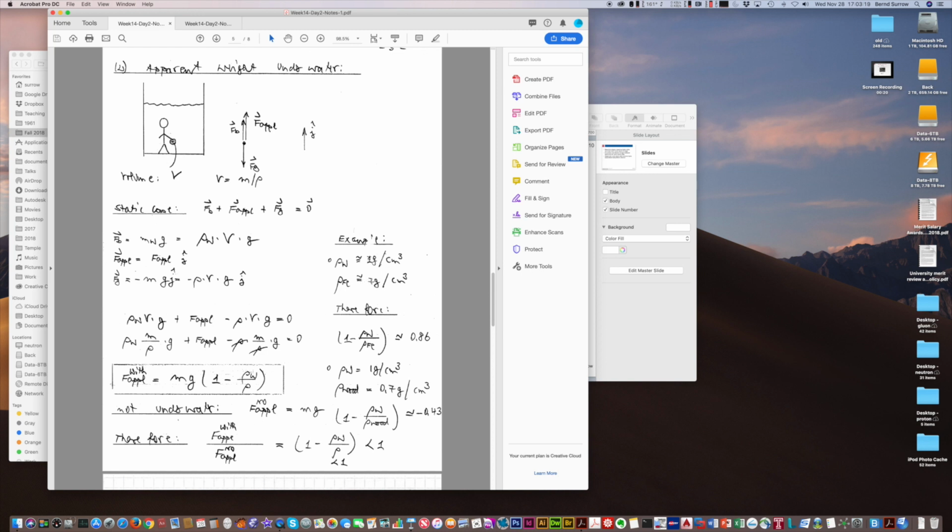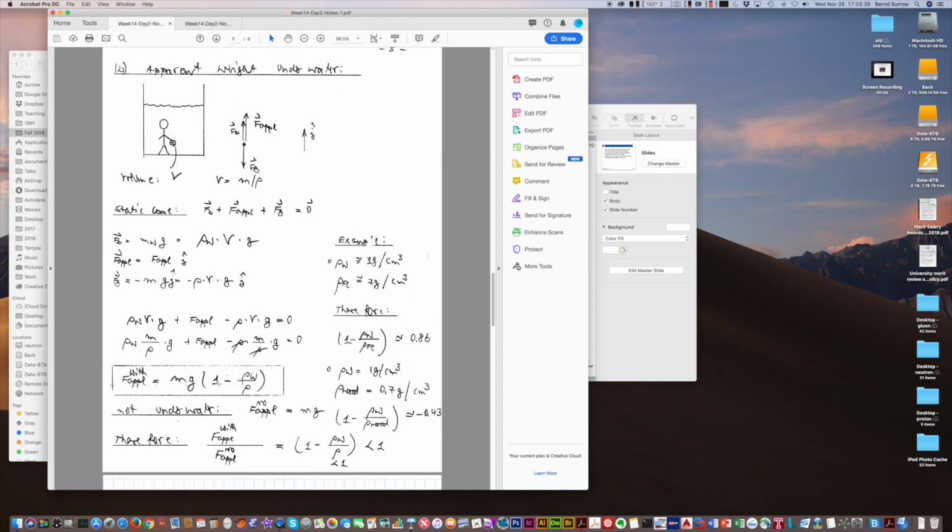If this ratio is much smaller than 1 here, namely the density is much larger than water, then 1 minus a very small ratio, much smaller than 1, would be smaller than 1 but close to 1. So in this case for iron it is 0.86 here. And indeed the applied force would be smaller than if you would just do it outside in air.